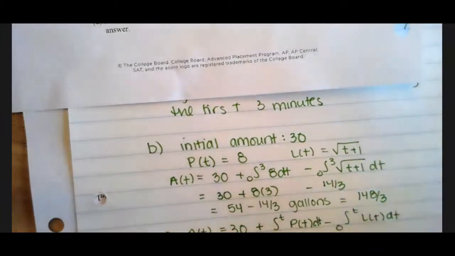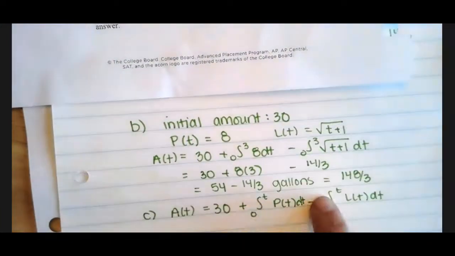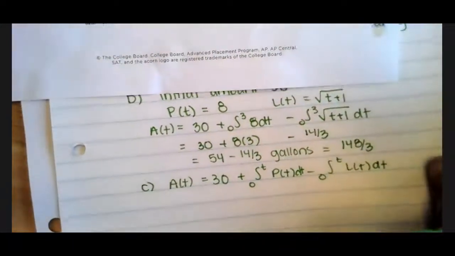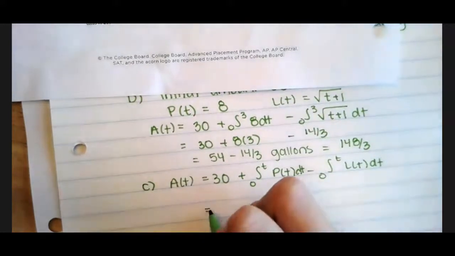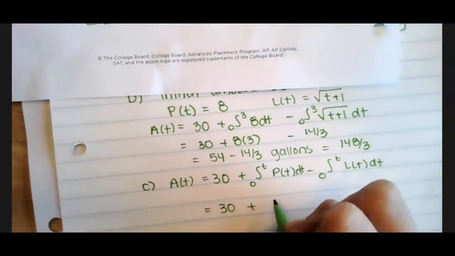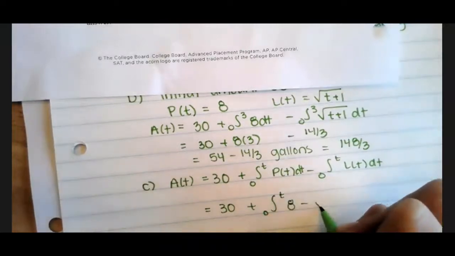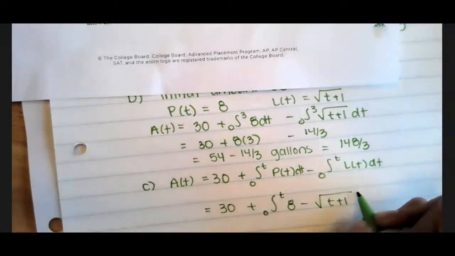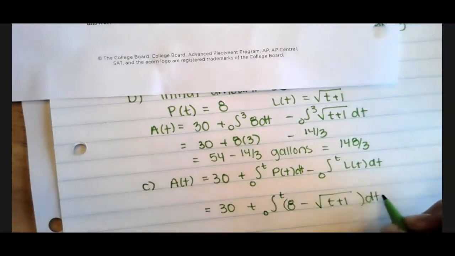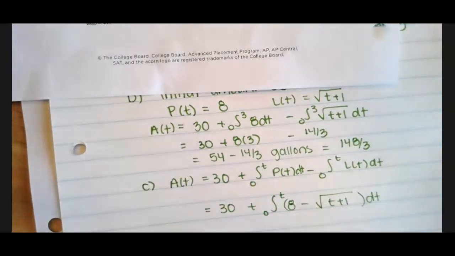And again, you could write in our P of T and L of T if we define them above, or you could just say 30 plus, and you could do one big integral, 8 minus the square root of T plus 1. So again, there are many, many ways to kind of write some of our answers. Like here's just 2 examples.